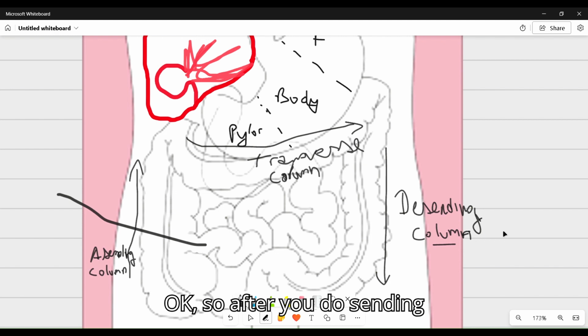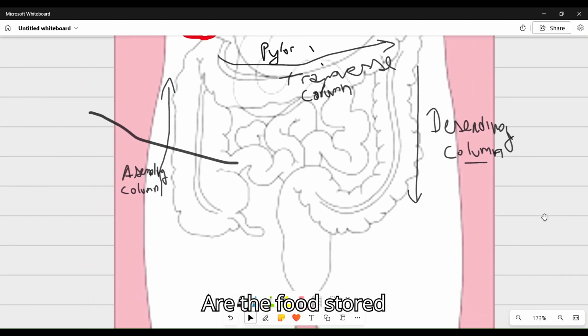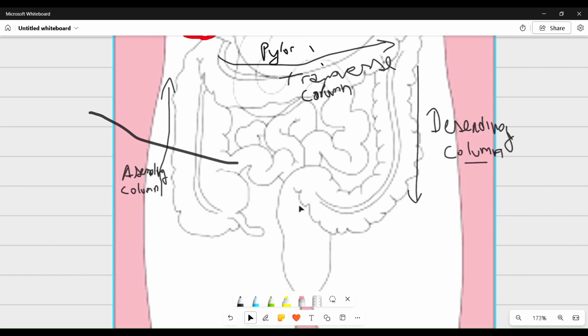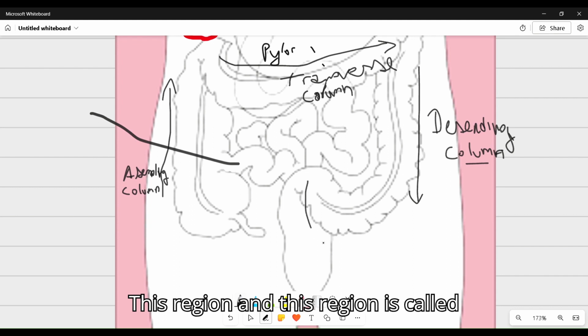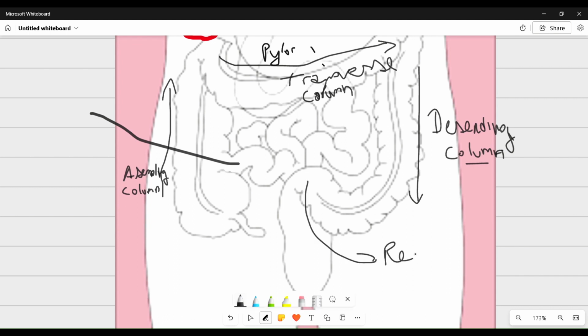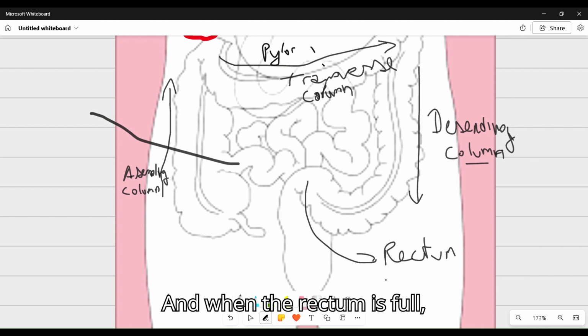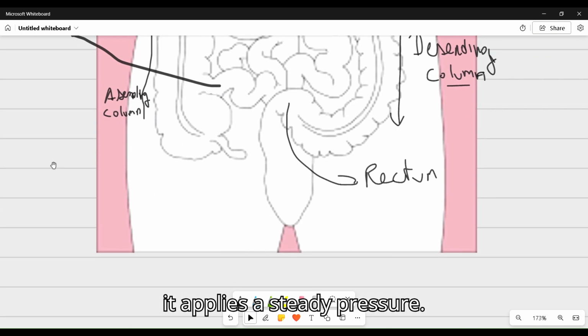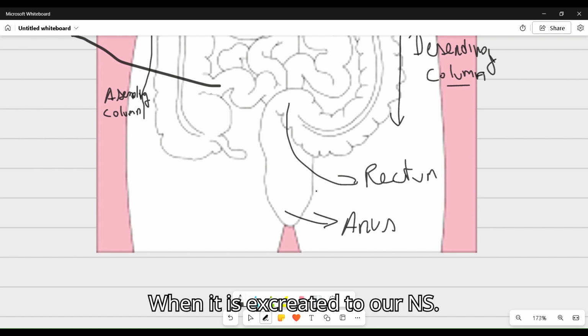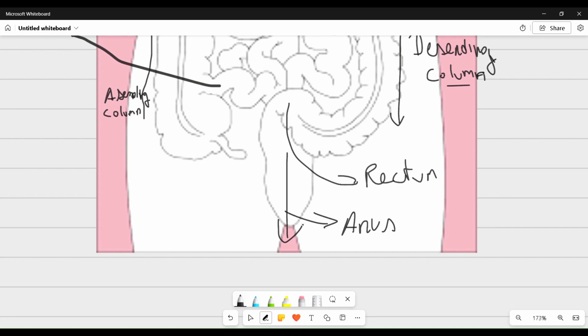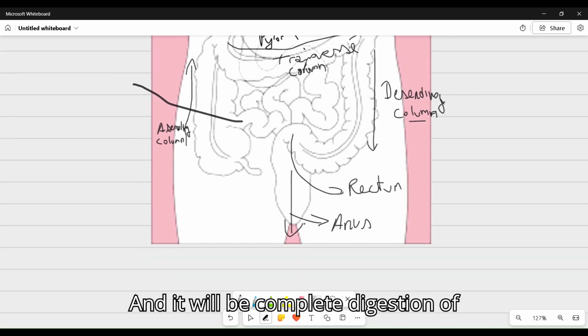So after the descending column, the food is stored in this region, and this region is called rectum. And when the rectum is full, it applies a steady pressure, and this is our anus. Then it is excreted through our anus, and this is the complete digestion of our food.